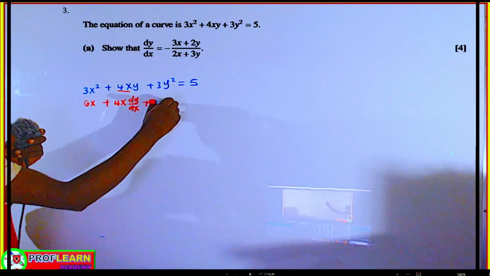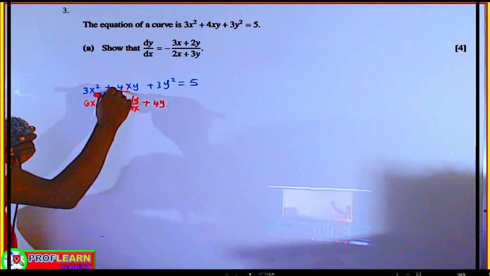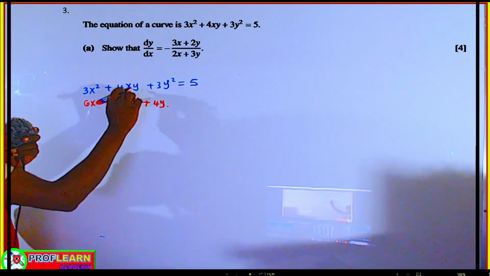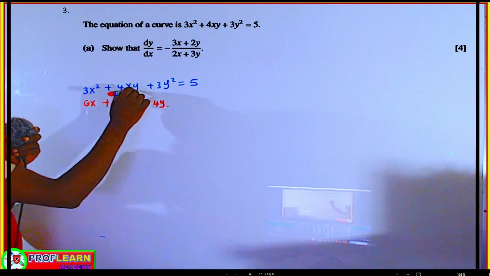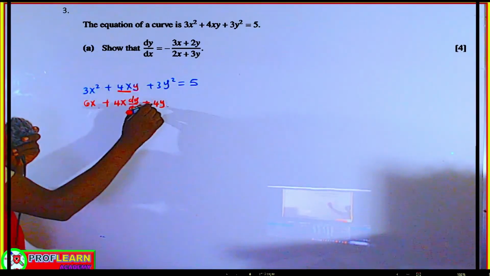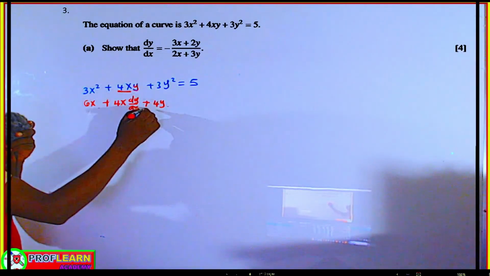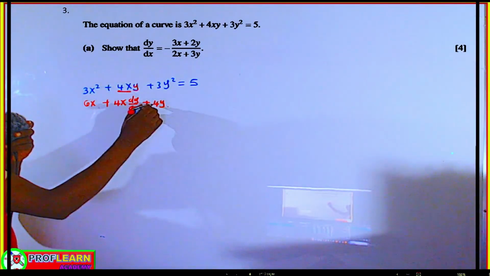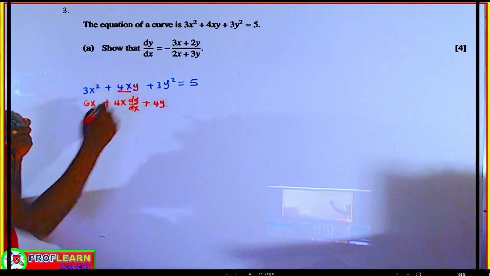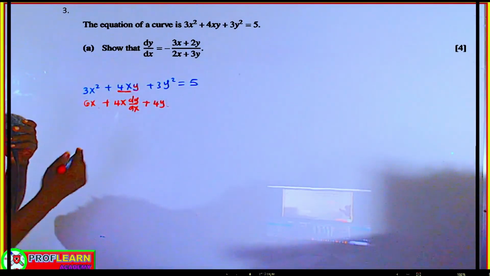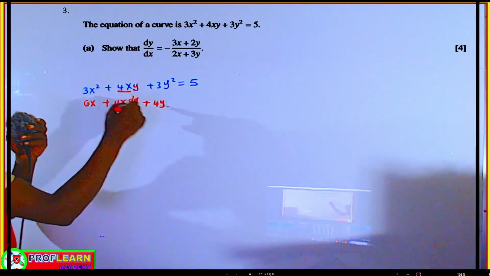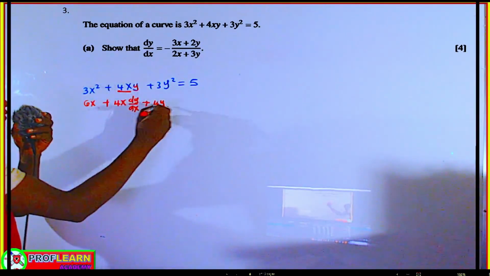Because if we keep y constant, we are going to differentiate 4x. If you differentiate 4x, you are going to get actually 4. So that's why we are getting 4y, because y was kept a constant at that point.